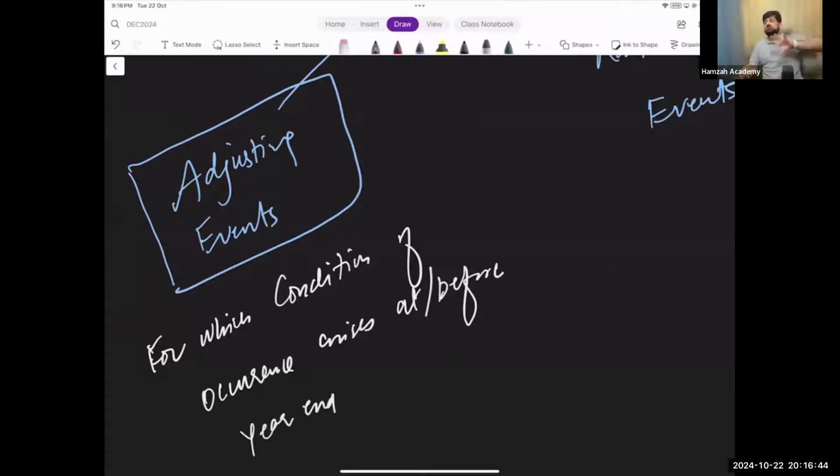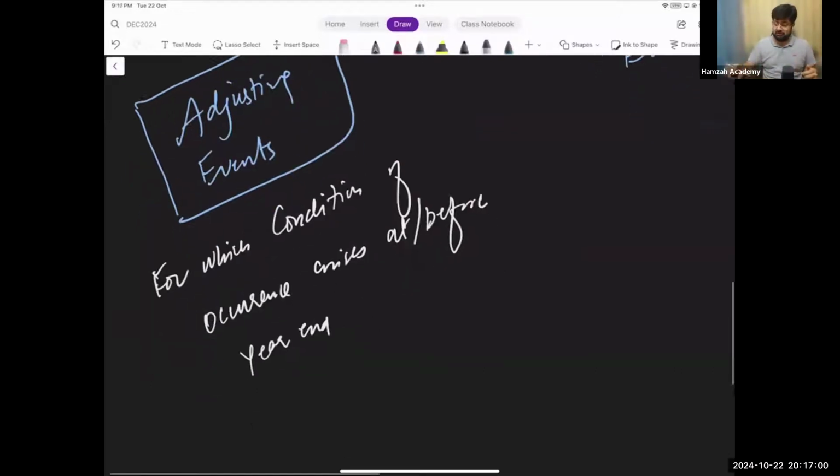Means there was some indication present at year end, you could foresee, which has some linkage, connection, that something wrong may happen. So they're called adjusting events.